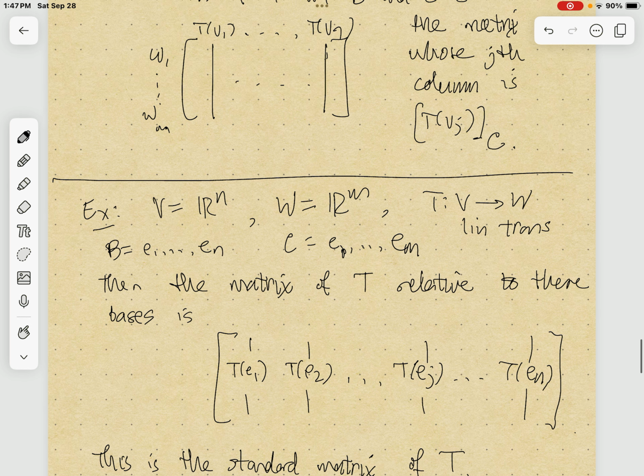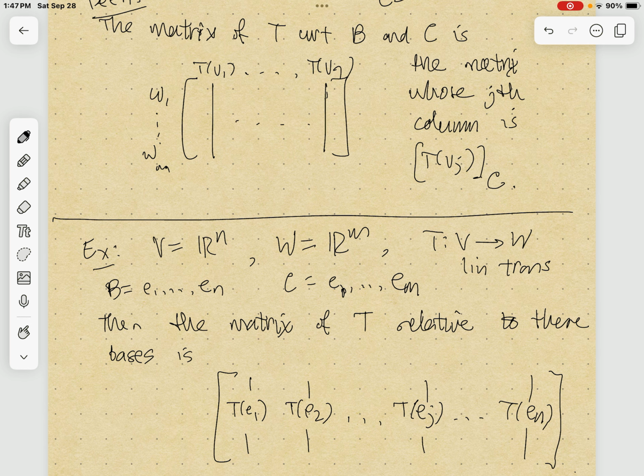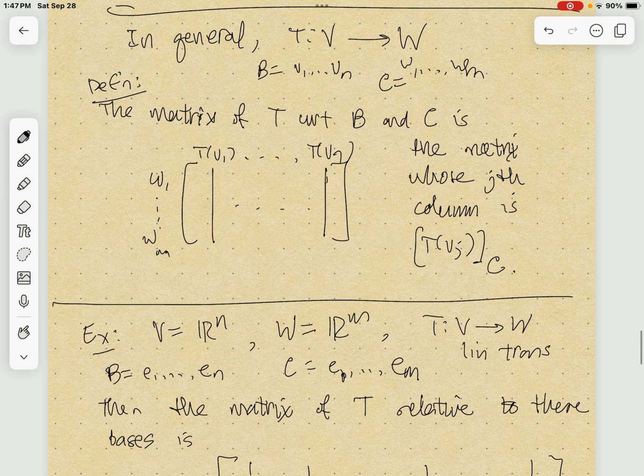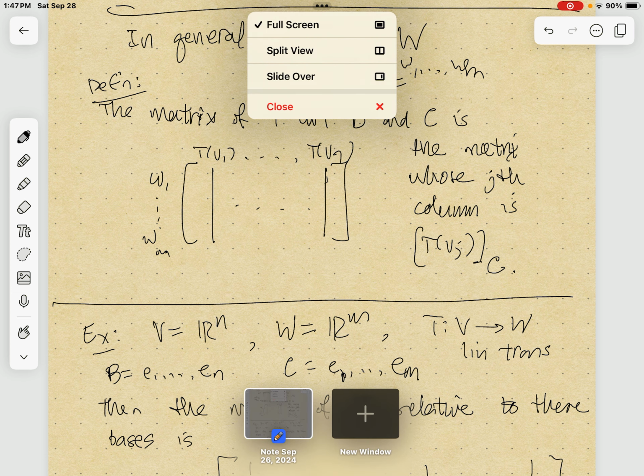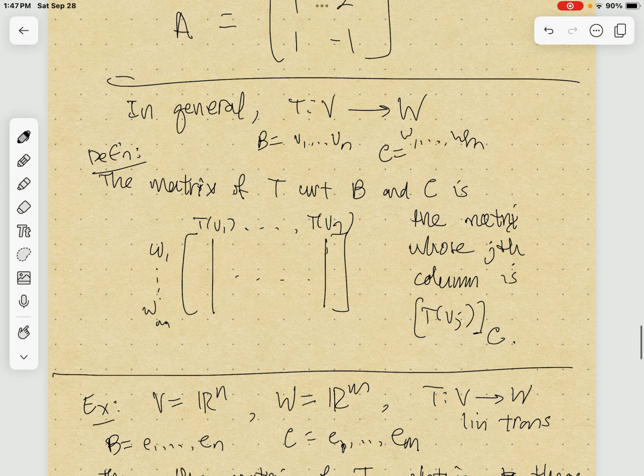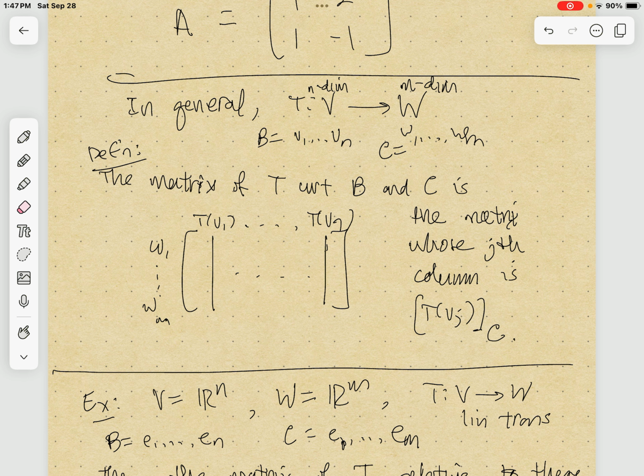By the way, what are the dimensions of this matrix? If I have an n-dimensional domain and an m-dimensional codomain, then my matrix has m rows, right?